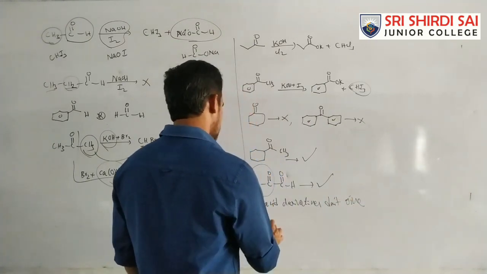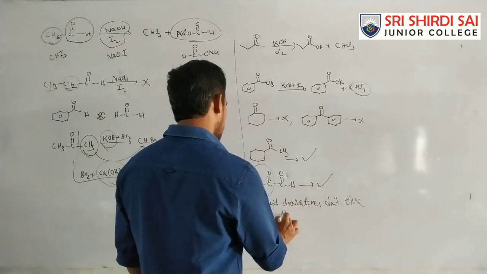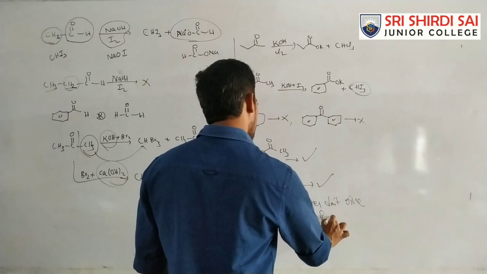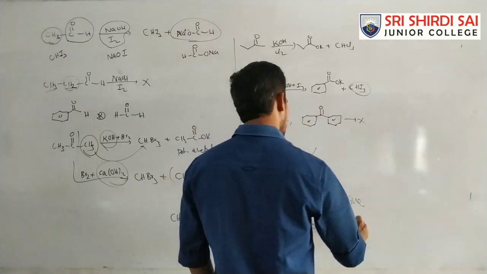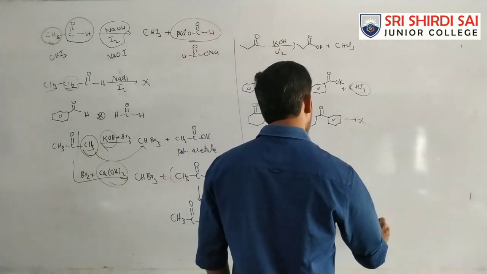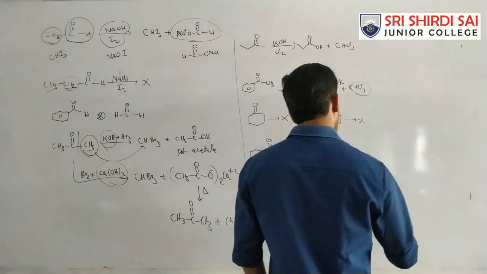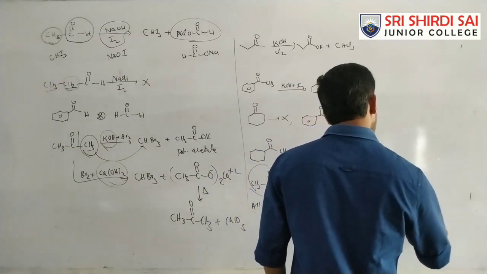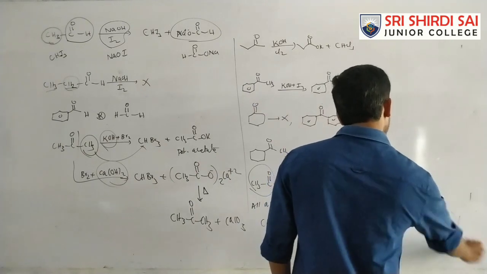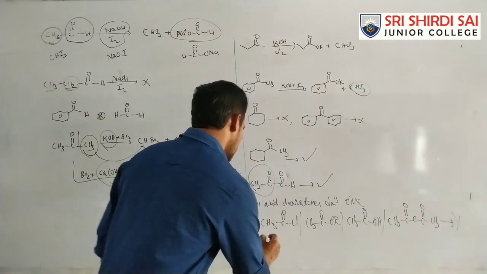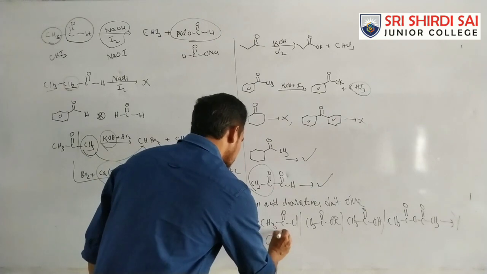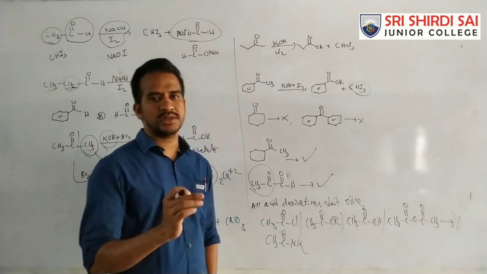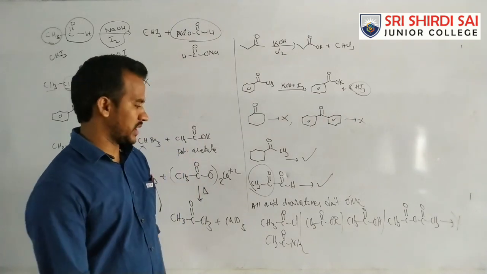That means CH3-C=O-Cl, CH3-C=O-ester, CH3-C=O-acid, and CH3-C=O-O-C=O-CH3, all these compounds do not give it. Even amides also, CH3-C=O-NH2. Acid derivatives, even though the methyl group is present, do not give the haloform reaction.